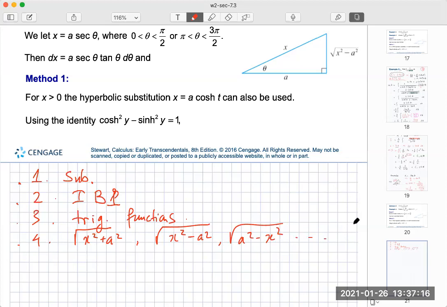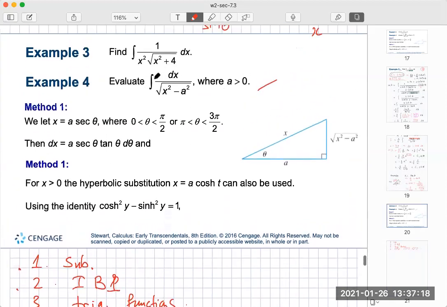Okay, now let us continue doing this guy. Okay, look at the strategy. It is the form x squared minus a squared, right? So it means that we should define x as a secant theta. Remember, at some point, we take the inverse function of secant theta to find the relation between theta and x.